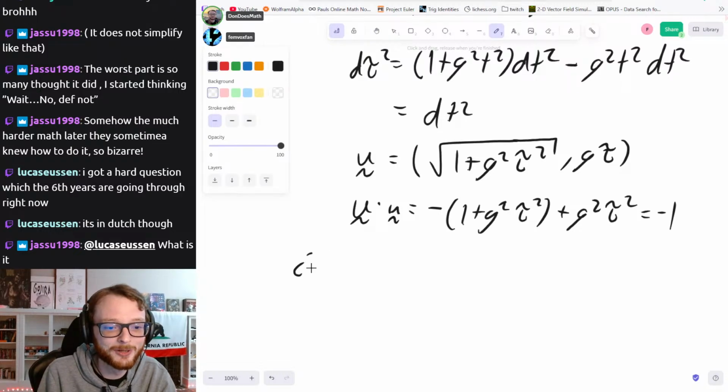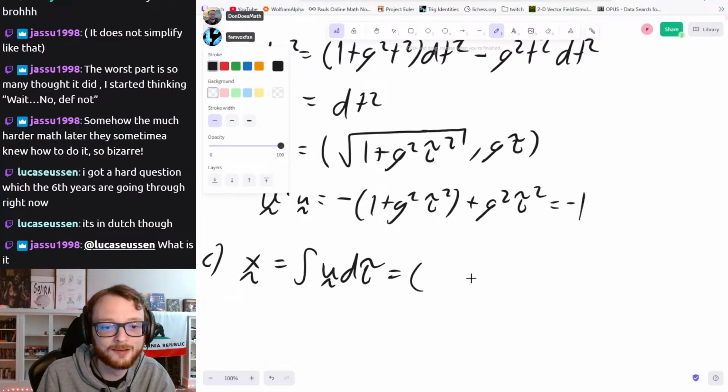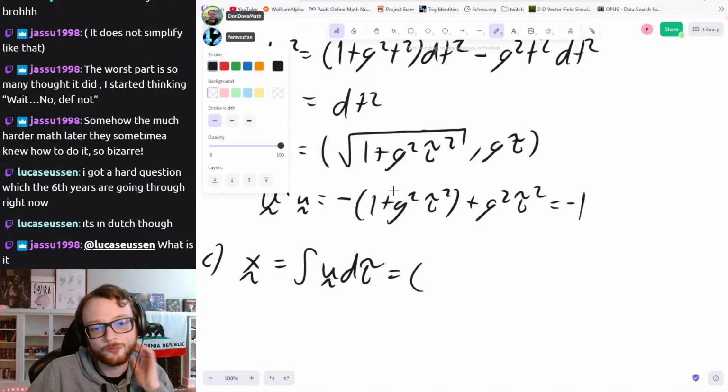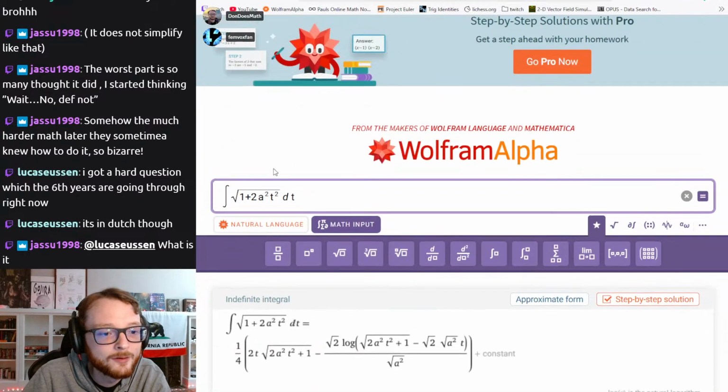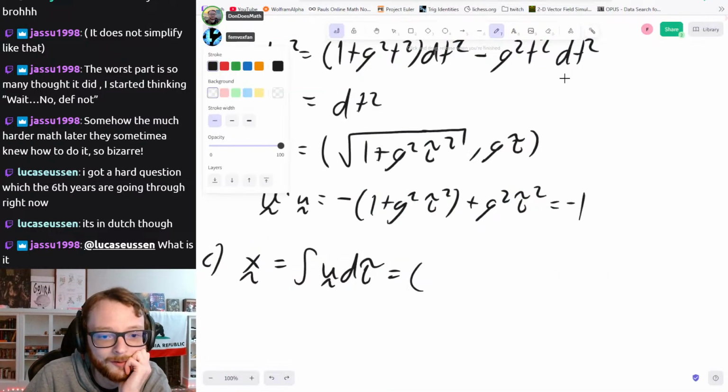Okay, so part C. Oh, this stupid thing. Now I really do have to integrate it. Well, there's no 2 now. I don't think it makes it any cleaner though.